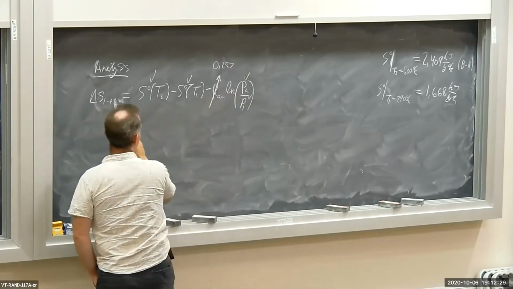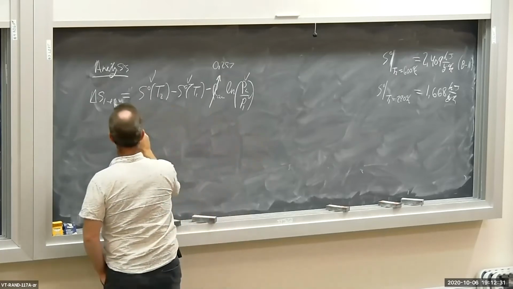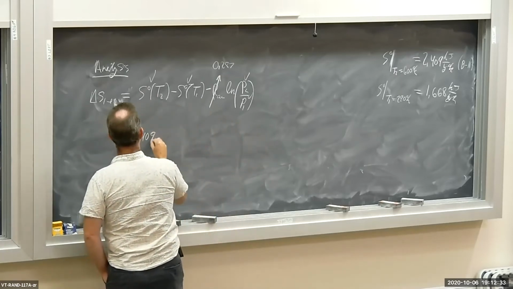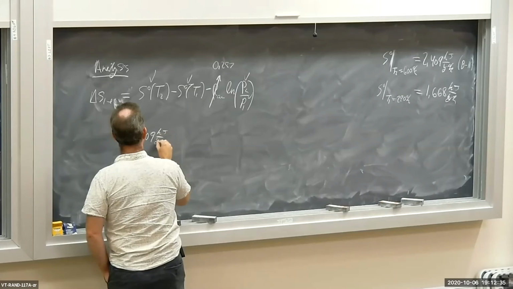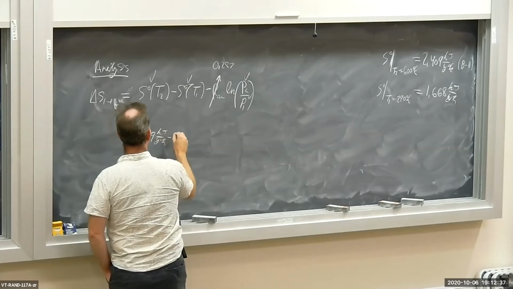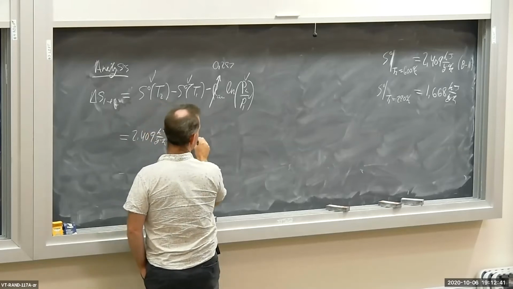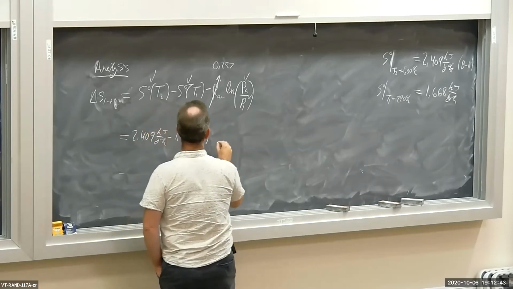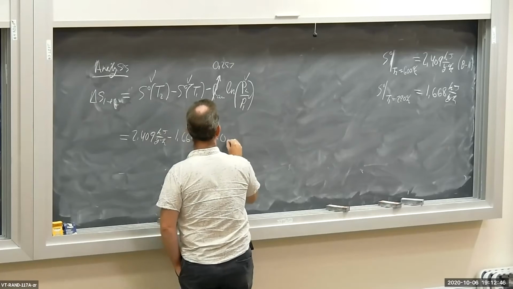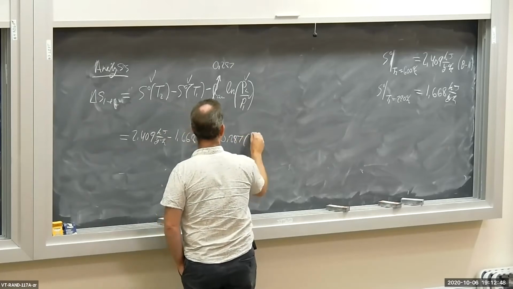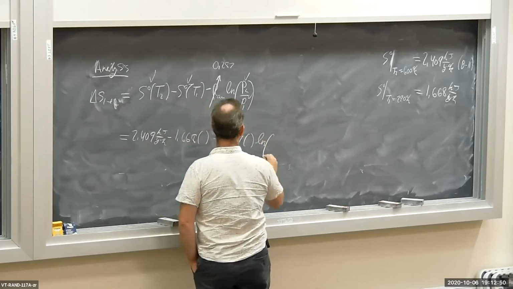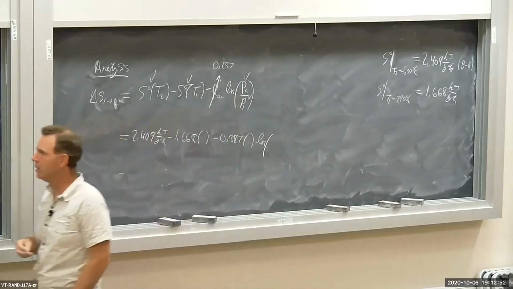All right, so 2.409 kilojoules per kilogram degree Kelvin minus 1.668, same unit, minus 0.287, same unit, times ln of the pressures.